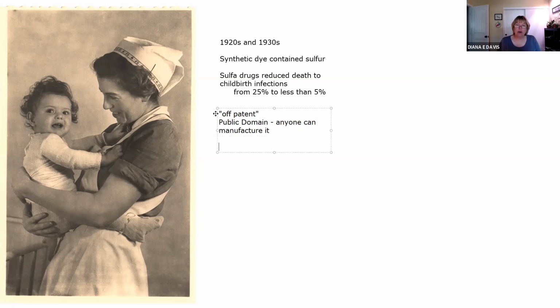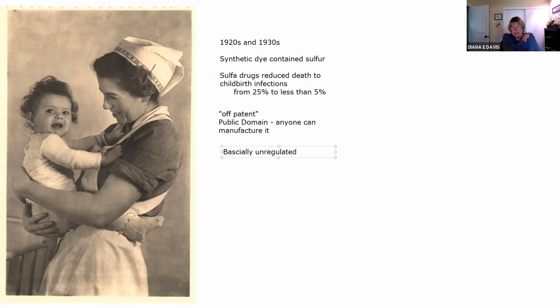This particular one was also very easy to make, so you had lots of people manufacturing and selling this. In addition to being off patent, so anybody can make it, it was also basically unregulated.